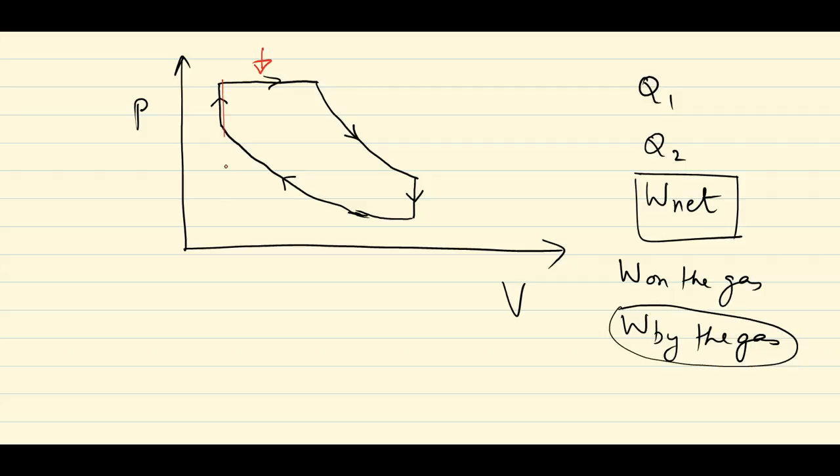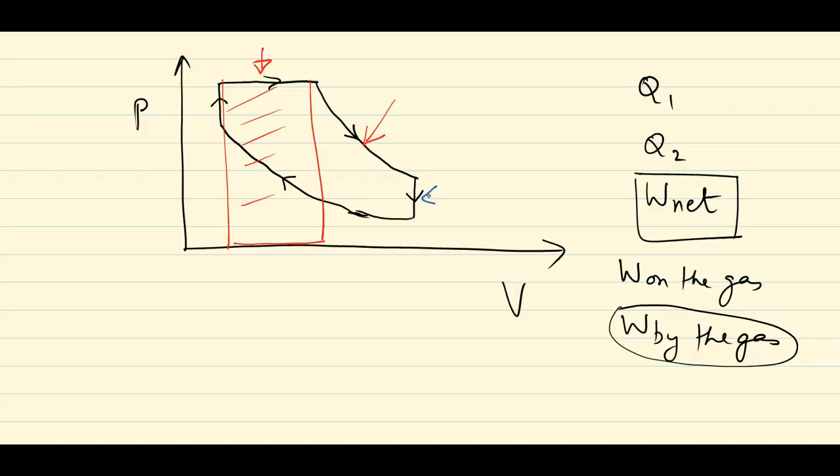Another way to look at it is the area underneath the PV diagram gives the work done by the gas, and this area is positive surely. So the work done is by the gas on the surroundings. Likewise, positive work is done by the gas on the surroundings in this part of the cycle.